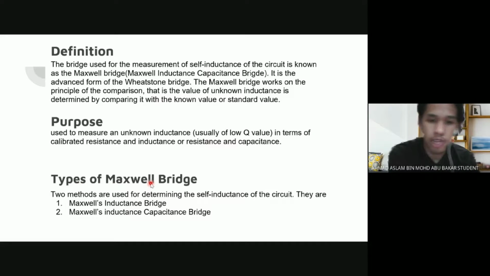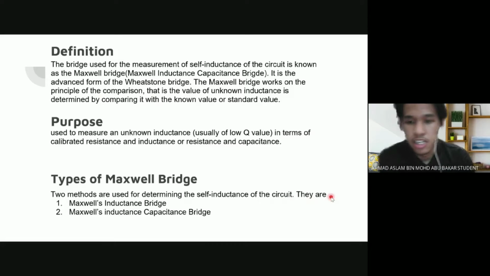Types of Maxwell bridge: Maxwell bridge has two methods used for determining the self-inductance of the circuit. They are Maxwell's inductance bridge and second, Maxwell inductance capacitance bridge.